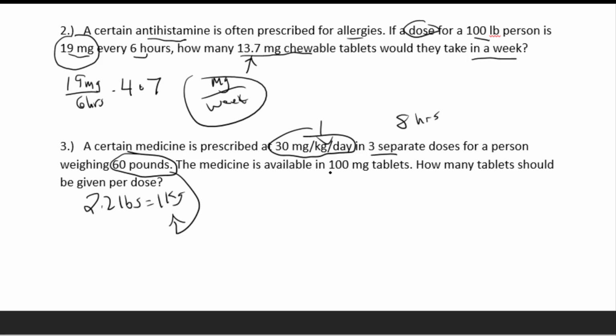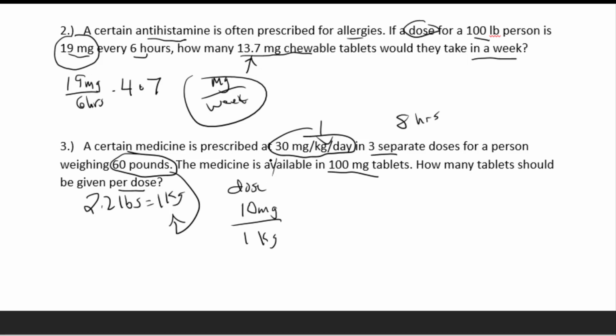And the medicine is available in 100 milligram tablets. How much is to be given per dose? Per dose. That's every 8 hours, not every day, right? So change their weight to kilograms, and then you're going to get actually 10 milligrams per 1 kilogram, and that is the dose, right?